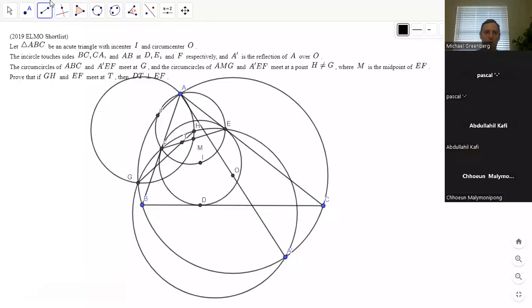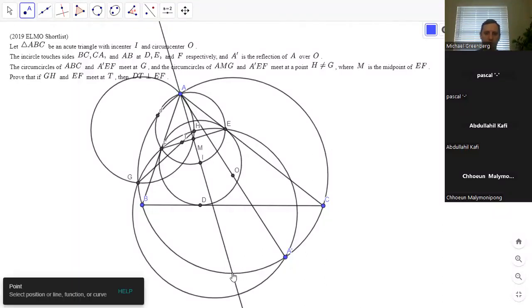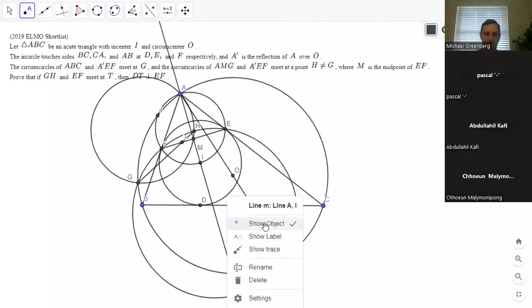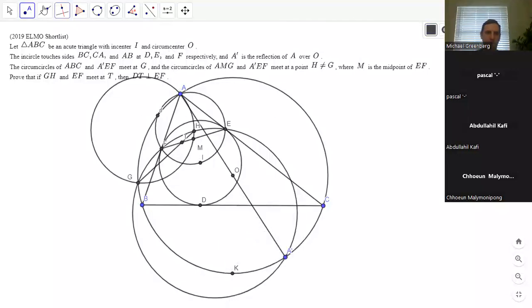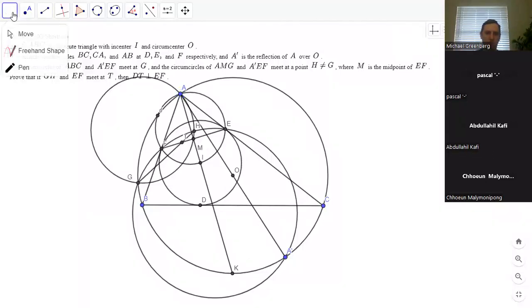So I'm gonna just draw the angle bisector. I don't know if it'll be helpful, but just in case. Because yeah, then the problem is also equivalent to showing BT is parallel to AK.